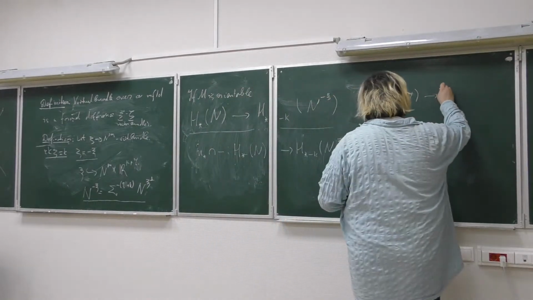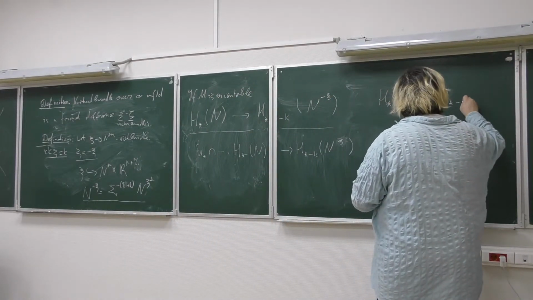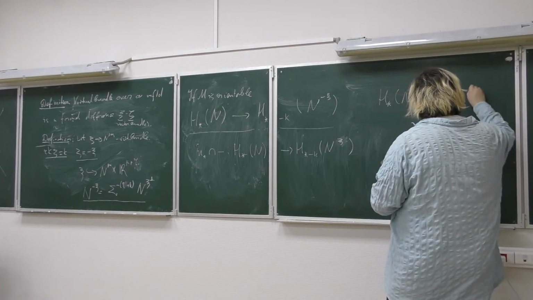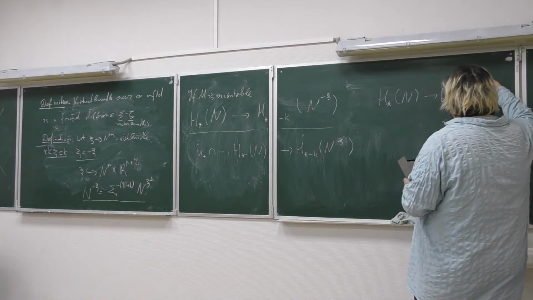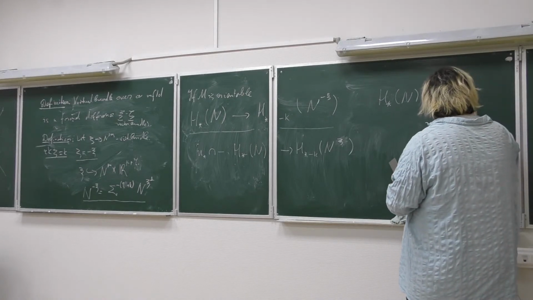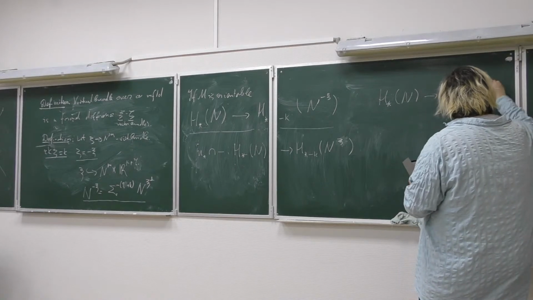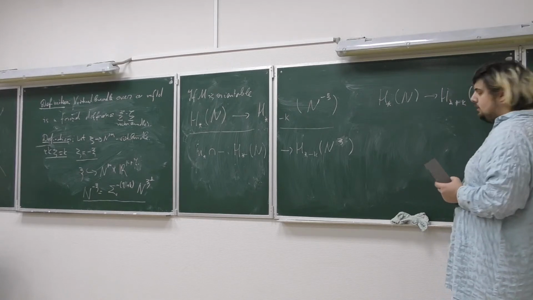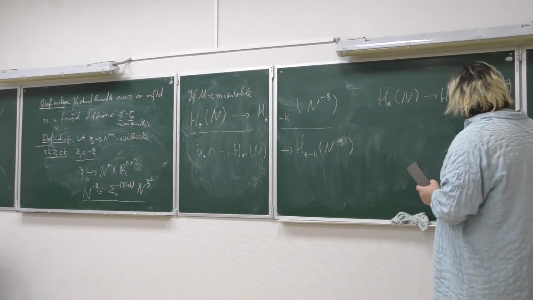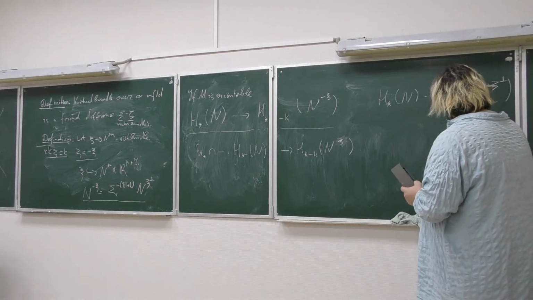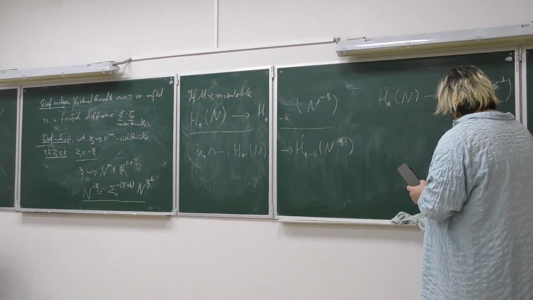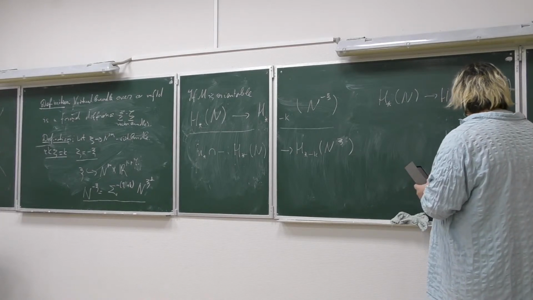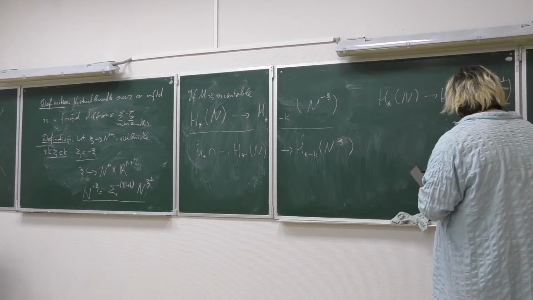So we have an isomorphism, minus k, plus k, like this. Then after applying the suspension, we have an isomorphism like this, I think.